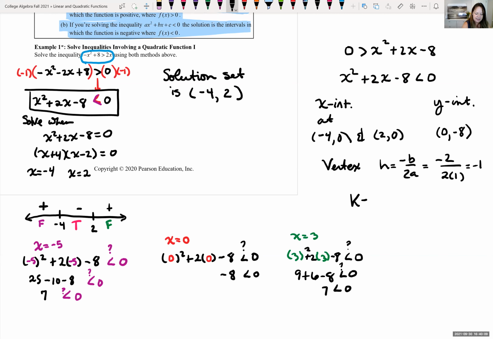Let's go back in and look for k. So k is going to equal the value. If we go back in and plug in -1 wherever we see an x, we want to see what value that gives us back. So -1 quantity squared is 1. 2 times -1, so that's -2, minus 8.